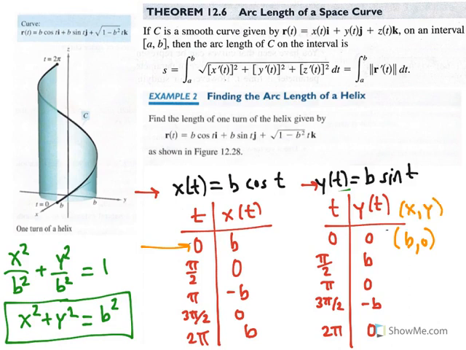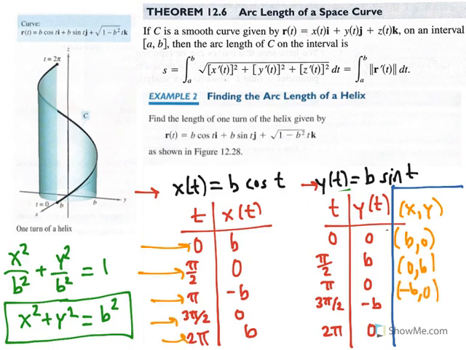So I'm putting things together now, so I should really have a boundary here. And then you're going to have, for t is equal to pi over 2, (0, b). And then for t is equal to pi, you'll have (negative b, 0), and so on. And if you plot these 5 points, you'll get the circle in the xy plane.